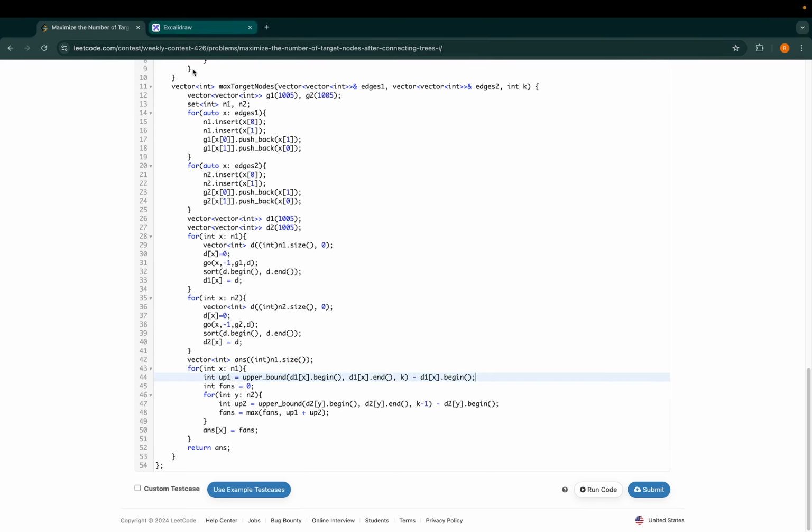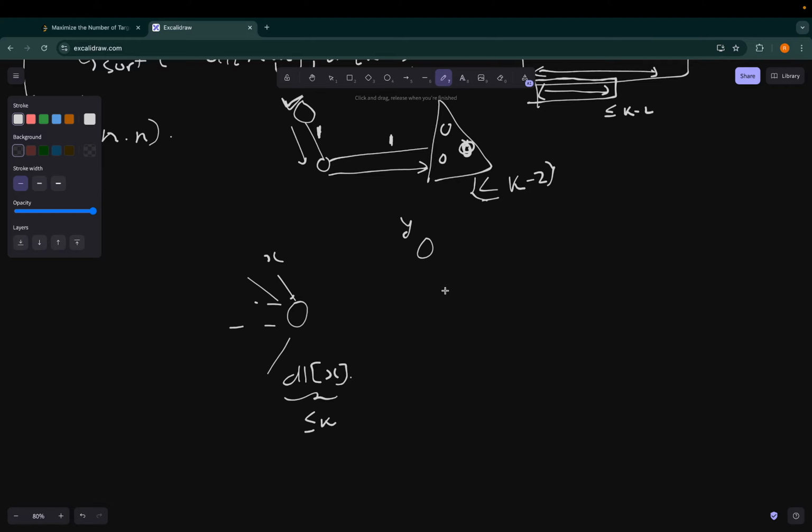right? So that is up1, and let's say your final answer is 0, and then you brute force on all the nodes in the second tree, and you just do an up2, saying how many nodes, let's say this can be a y, this is my tree 2, okay.